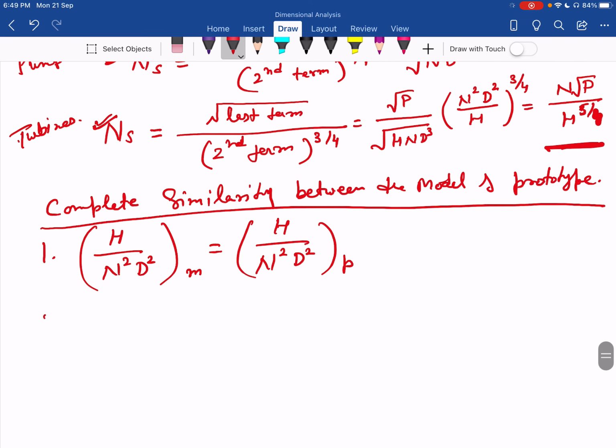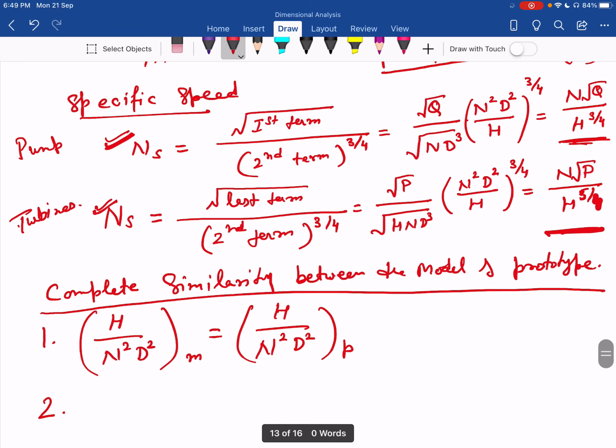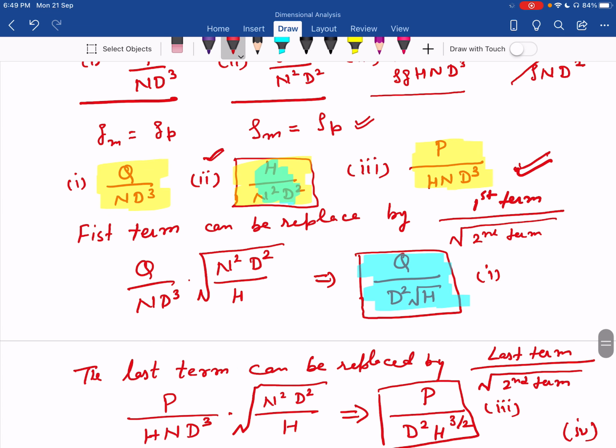Now the second is my equation number 1, my term 1, q and dq, either this term or this term.